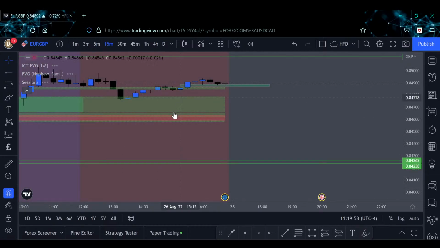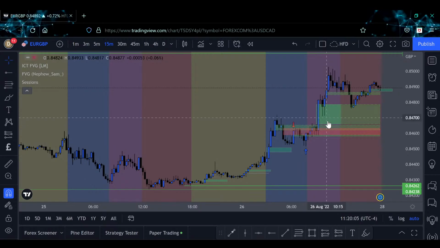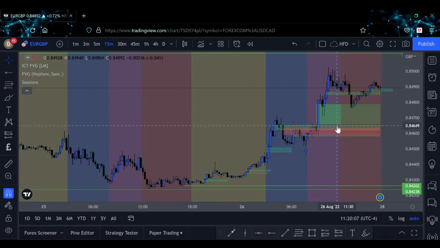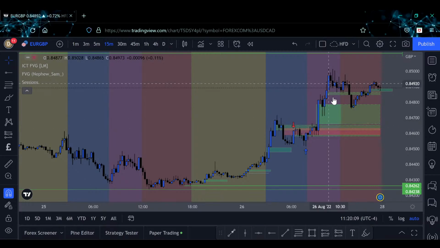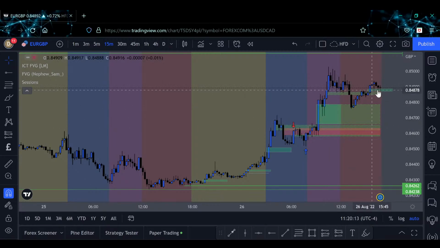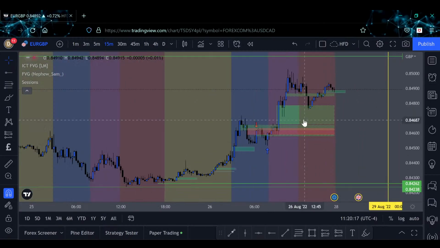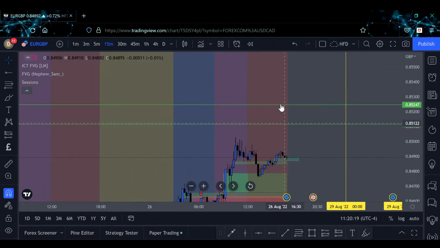Drop on 15. Have a look. Fair value's been filled here. Still a bit of a gap there. This one's just been filled. Looks as if I could get a push up to take this.